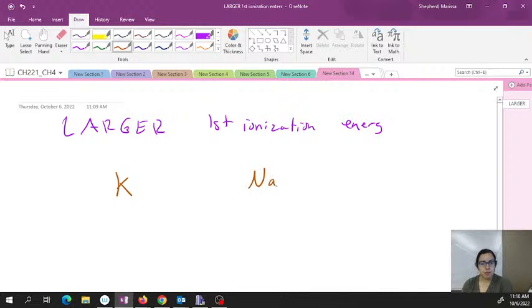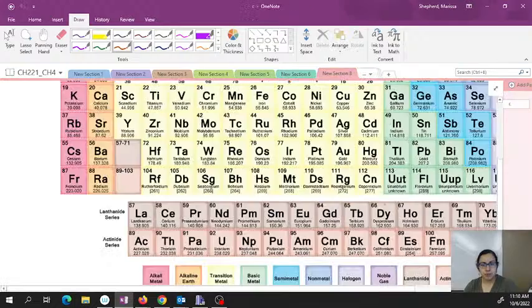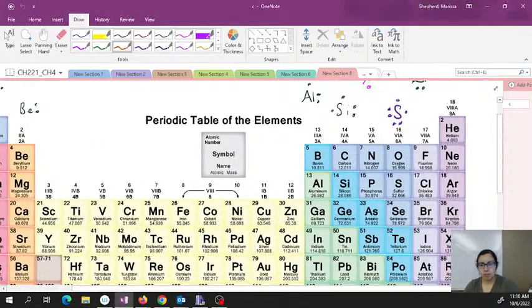So potassium versus sodium. So who has the larger first ionization energy? So sodium. And then next pair, so neon versus fluorine. What'd you guys say? So neon, right? Because it has a full octet. And they're right next to each other.